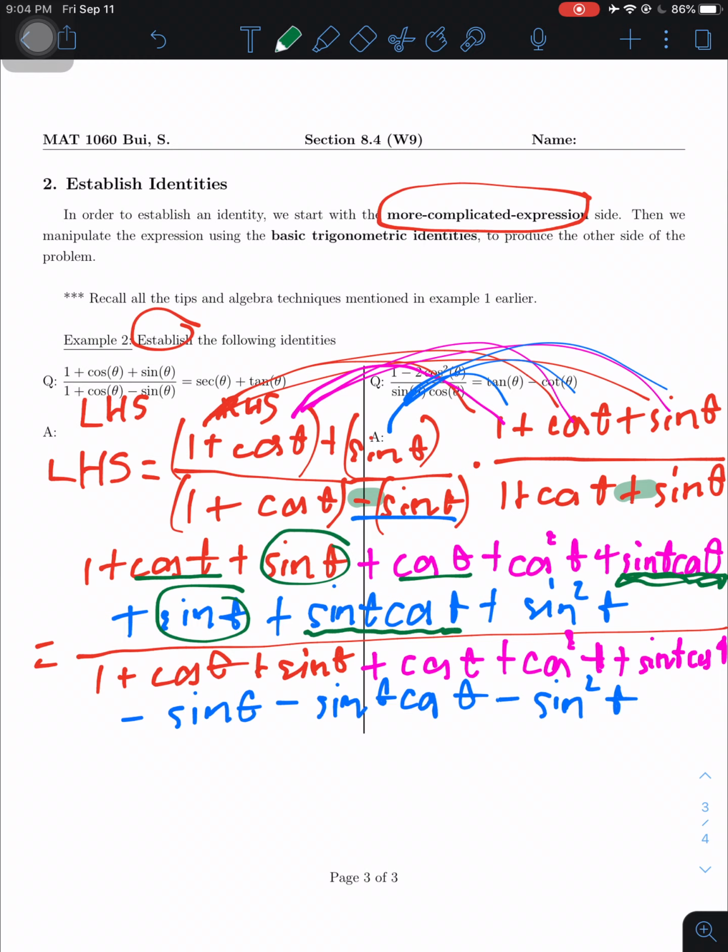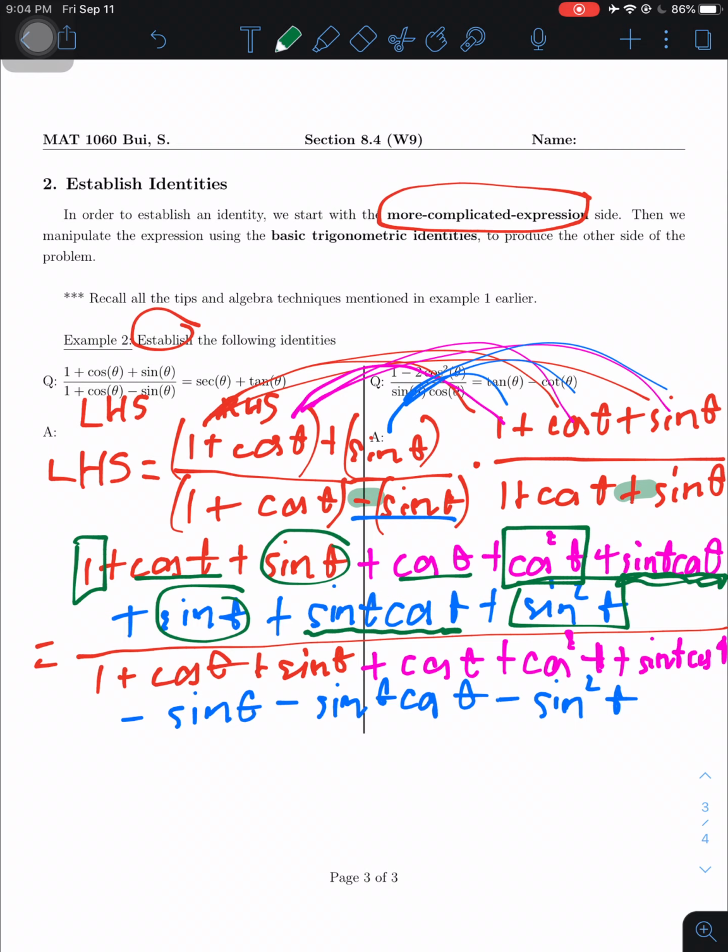And then lastly, if you remember, there's something about the squares of cosine and psi in the Pythagorean theorem. If you go back to the first page, or if you have all the identities in front of you, you will soon realize that cosine squared plus psi squared is a 1, right? And we also have another 1 in here. So just by the boxes in here, we have a 2, okay?